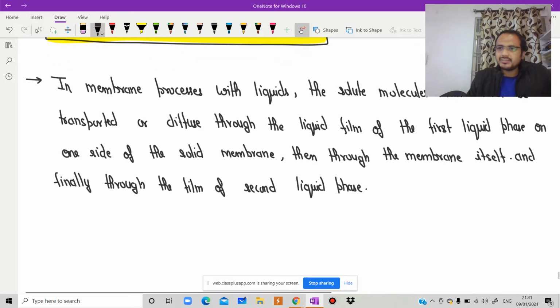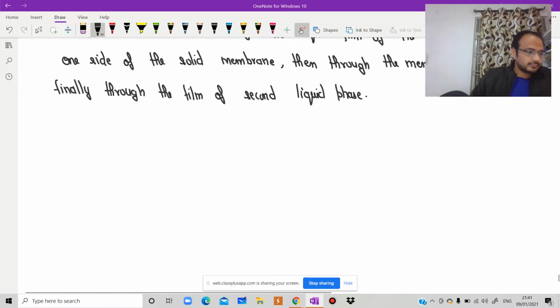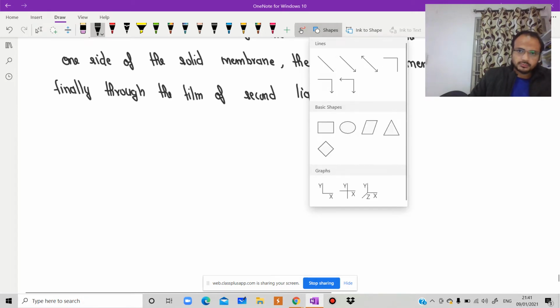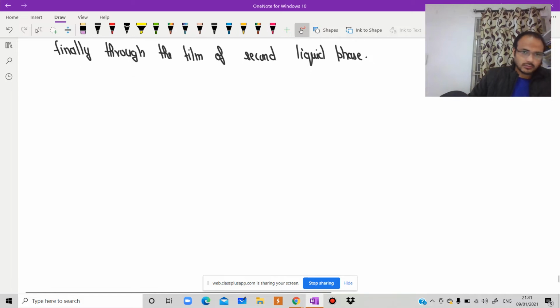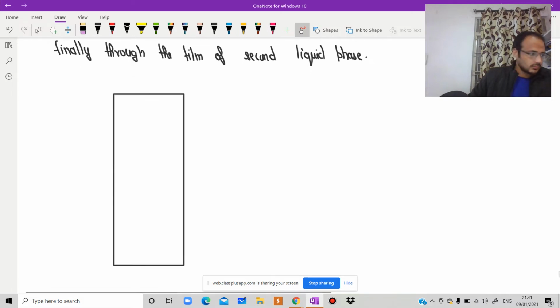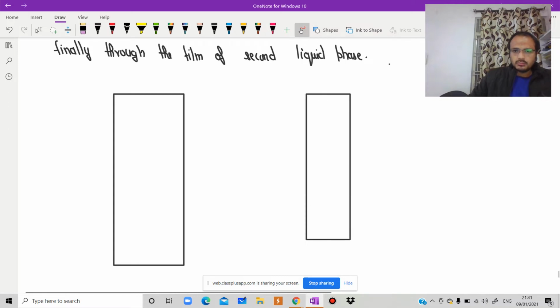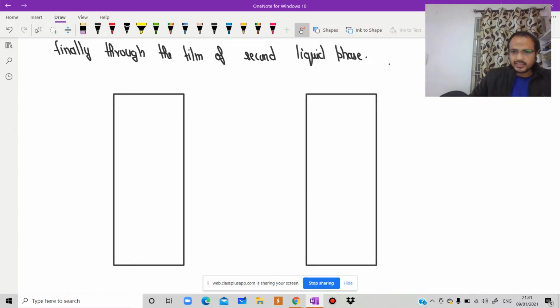So we have two cases. With the help of a diagram, it is easy to remember, because if they ask any numerical, we need to be ready for that.